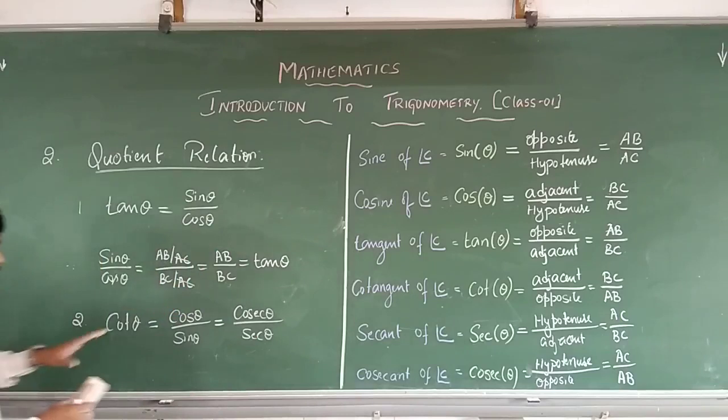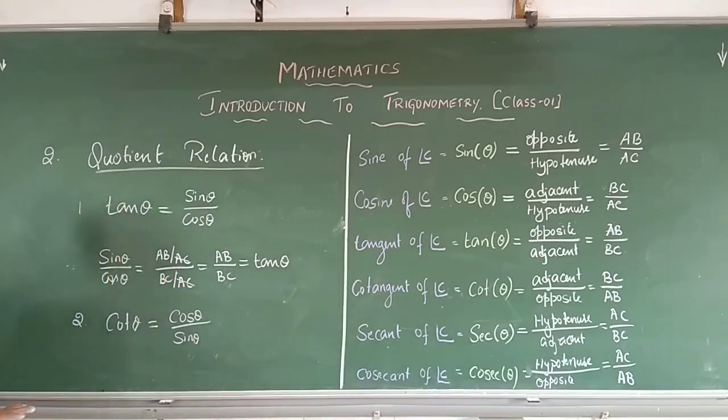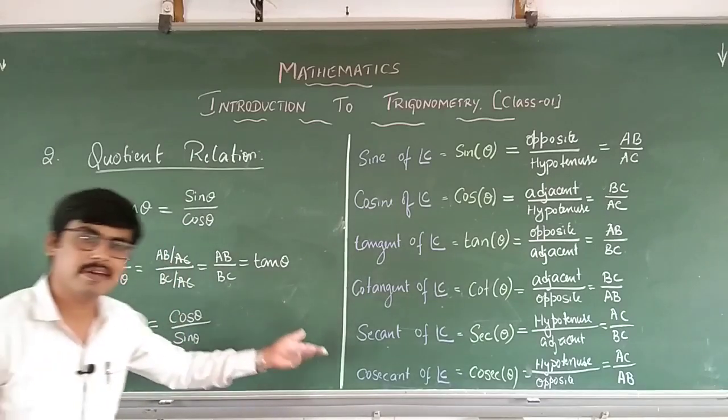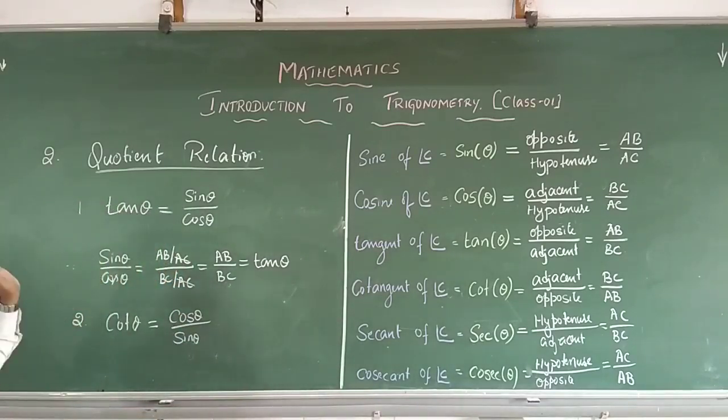It's better if you remember it in terms of sin and cos only. Cot theta can be written as cos theta by sin theta. Remember this, or else we can write cosecant by secant, that also gives us cot theta. So this is the next relation.